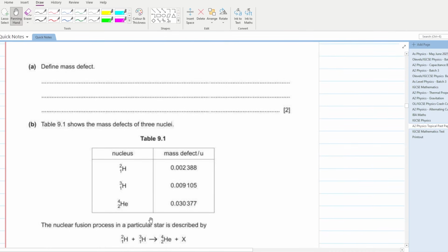Okay, so define mass defect. What is mass defect?